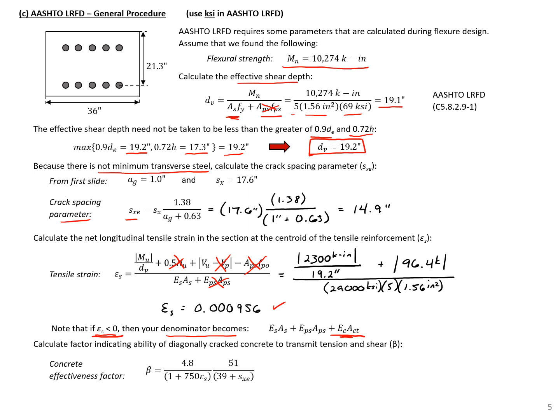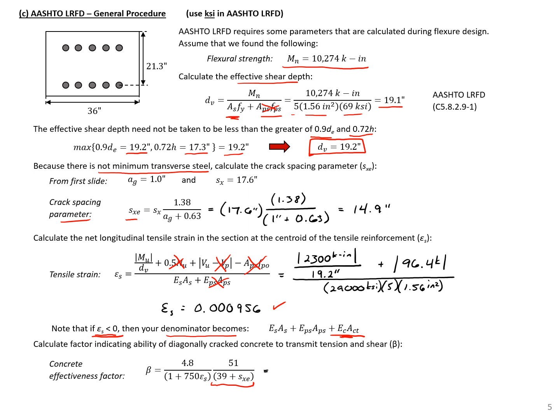All right, the next thing that we can do is we can find our concrete effectiveness factor. So for us, we don't have our minimum transverse steel, so we have this second component that we need to include.